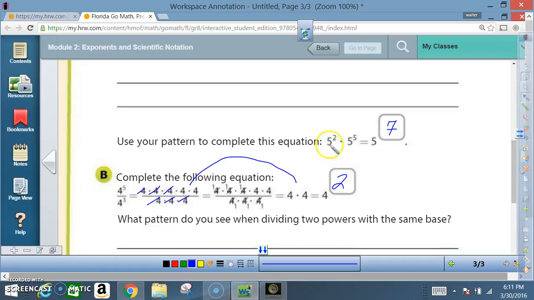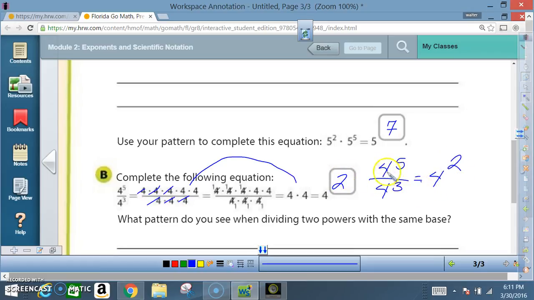So just like there's a shortcut for multiplication, there's also a shortcut for division. And this is the shortcut. If you got 4 to the 5th divided by 4 to the 3rd, then what you do is you subtract. What's 5 minus 3? That's going to be 2. So you end up with 4 to the 2nd.